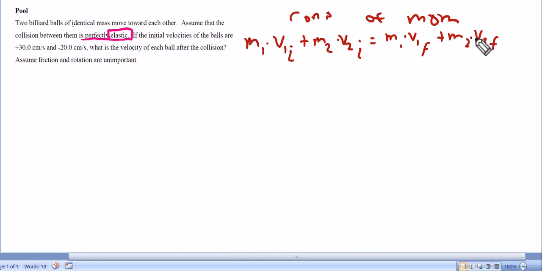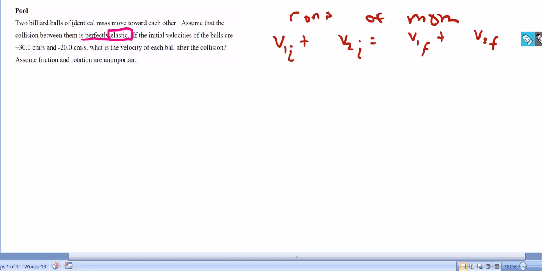And they have the same mass, so M1 is M2, and they could all just cancel out because in this case they're identical. Don't cancel them out unless they're identical. If you have a problem where they're not the same, which we're going to do next, then don't cancel them out. But in this case, because they're all the same, I'm canceling them out. So conservation of momentum quickly becomes essentially conservation of velocity in a weird way.